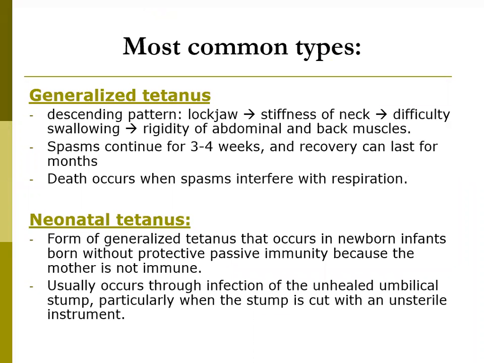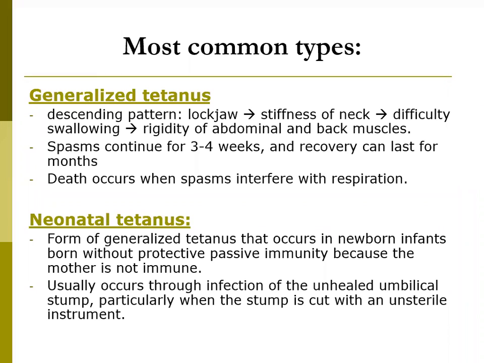The spasms continue for 3 to 4 weeks, and recovery can last for months. If you start to face these spasms, the recovery is very slow. So death occurs when spasms interfere with respiration. It is a definite outcome of this disease.